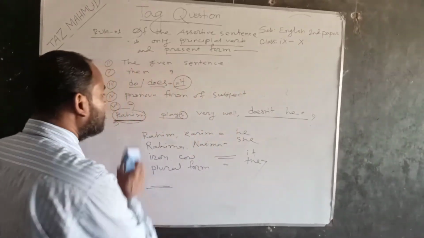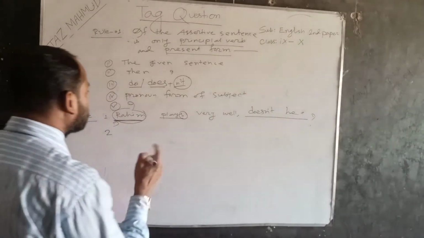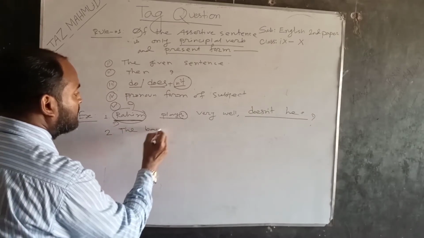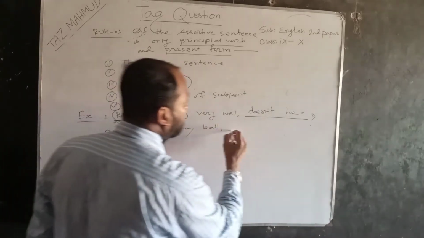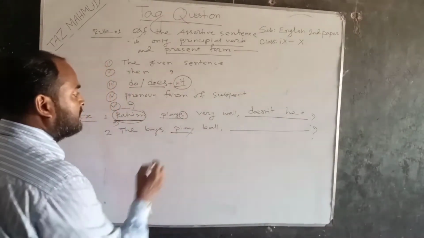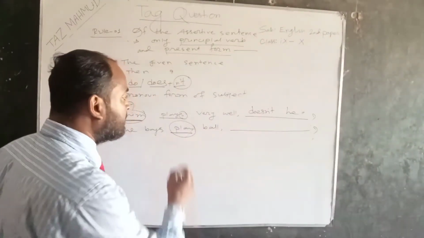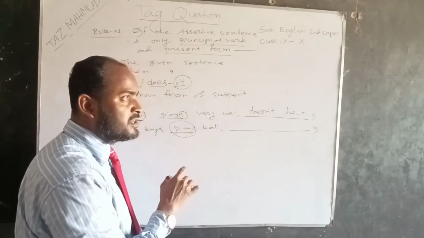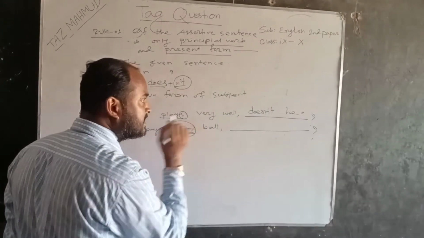Now, my dear learners, let's see another example. The boys play ball. In this sentence, the verb is play. But play does not bear s or es.